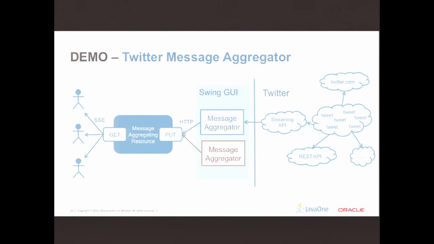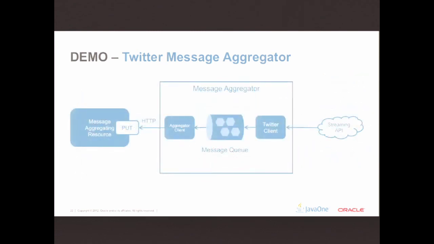This way we can use even multiple aggregators. I have a test aggregator. We just randomly send some messages. So we can turn both on, and we will see that multiple message sources are aggregated into a single stream of SSE data. Internally, the Twitter aggregator is implemented as a Twitter client that posts the messages into the queue, and then there is an aggregator client which puts the messages to the resource that is then streaming them via SSE.